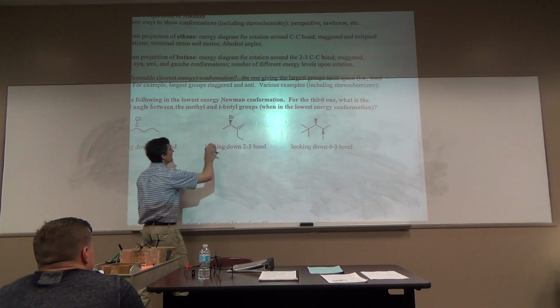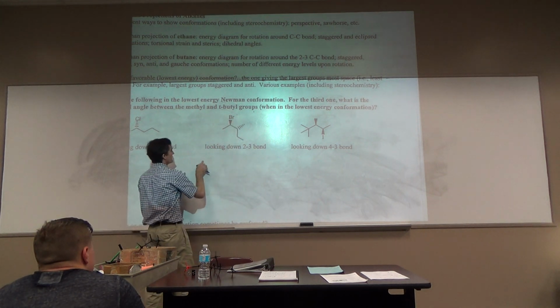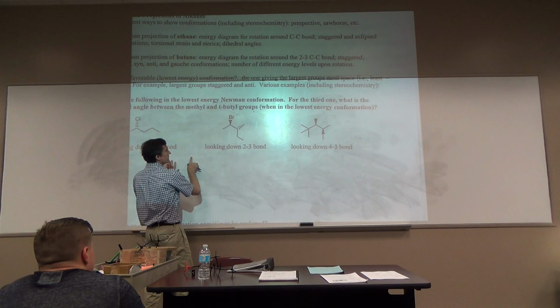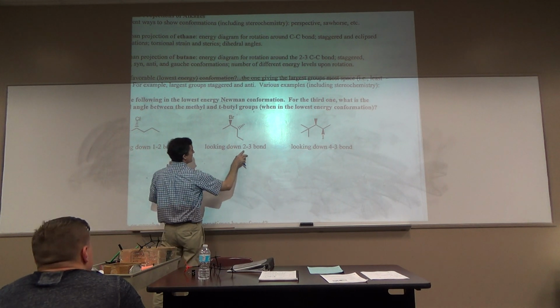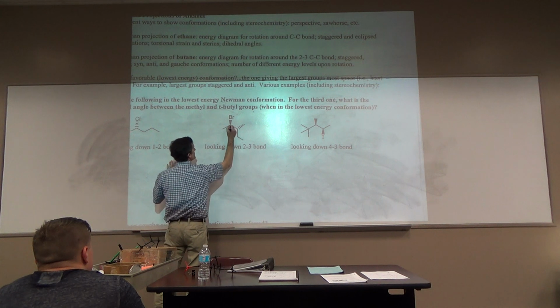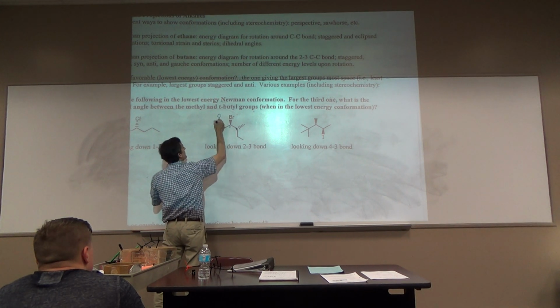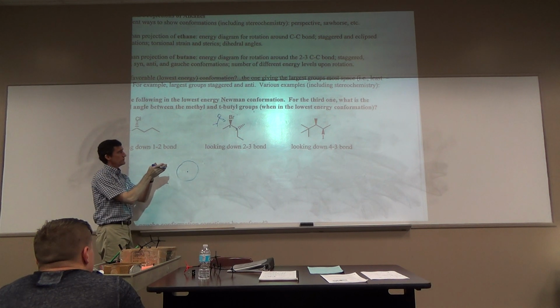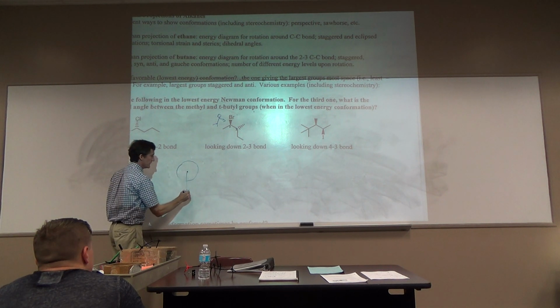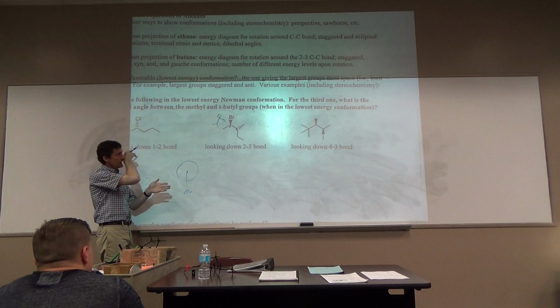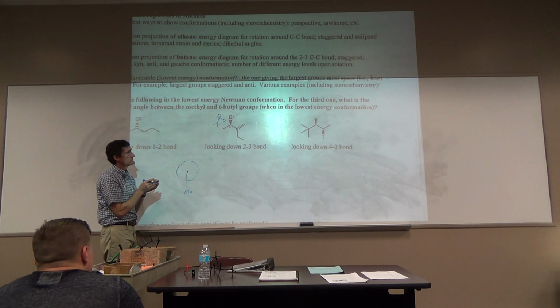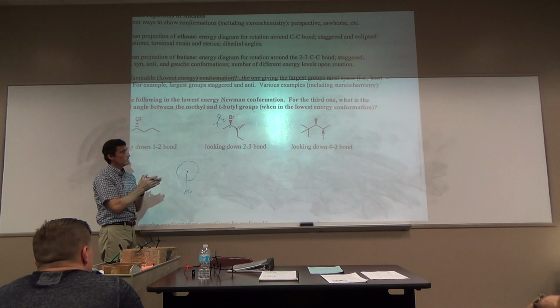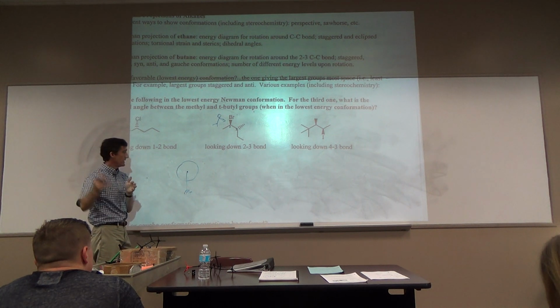Okay, guys, somebody mentioned this one here real quick. Let's look at it. Looking at the 2-3 bond, this would be 2-3. Carbon 2, I see a methyl coming straight down. I see a bromine going towards you guys, so it's on my right.